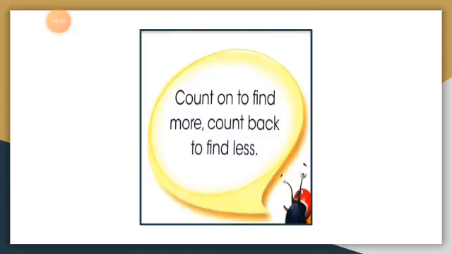Now move to the next one. Remember that count on to find more and count back to find less. I have told you before that when you add 1 more, you are going to count on. And when you make a smaller number, you are going to count back. For subtraction, you count back, and for addition, you count on.